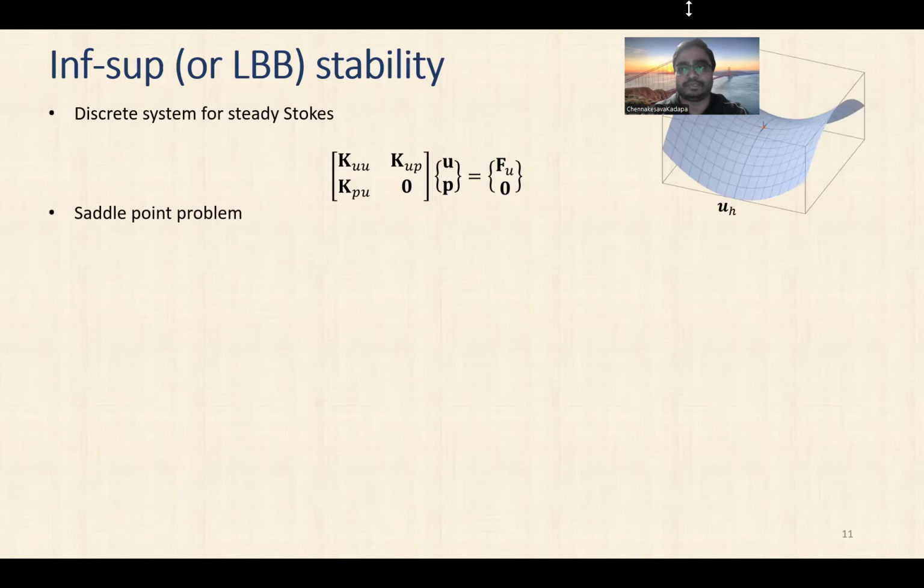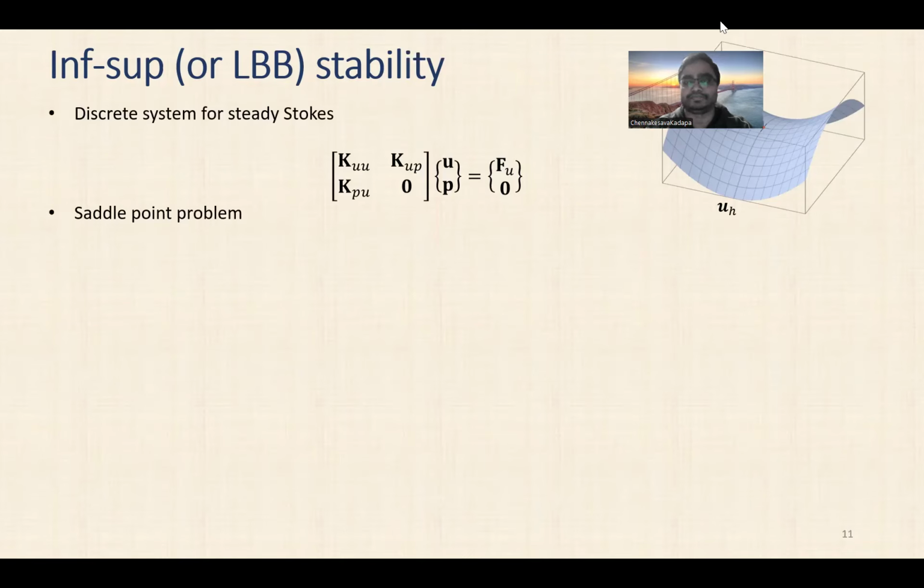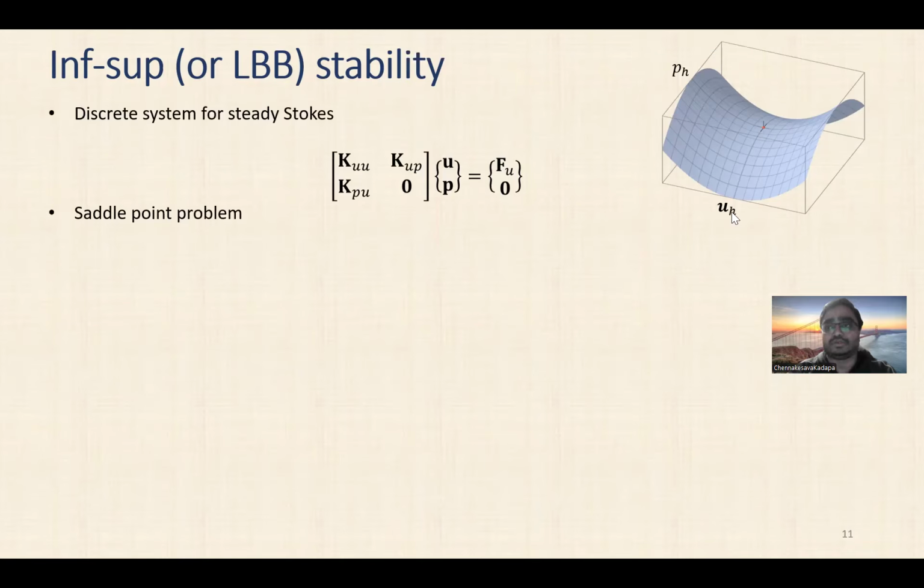I have a picture to better show it. In one direction it is going up and then going down, and in the other direction it is going down and then going up. So this is a saddle. What is the connection here?